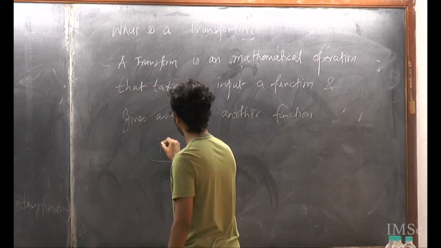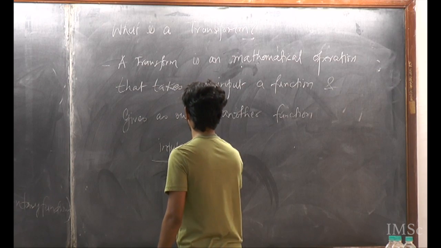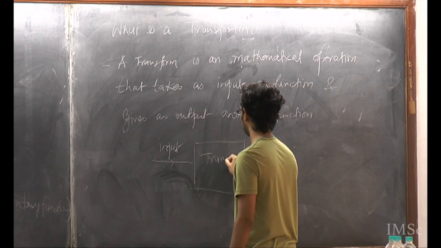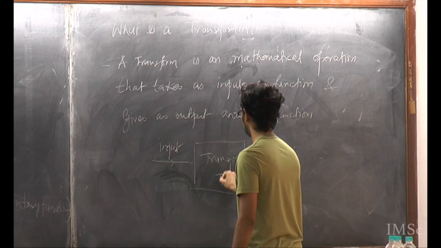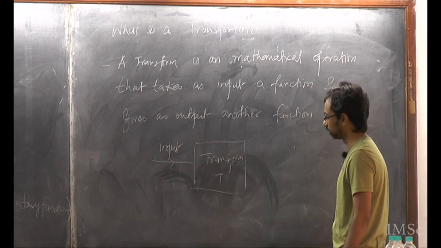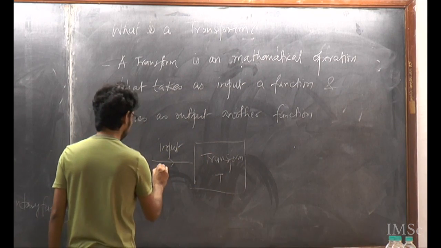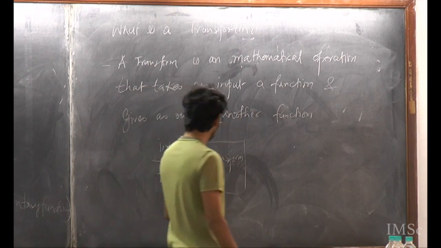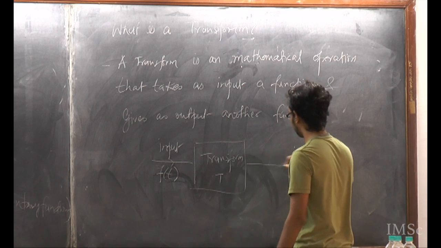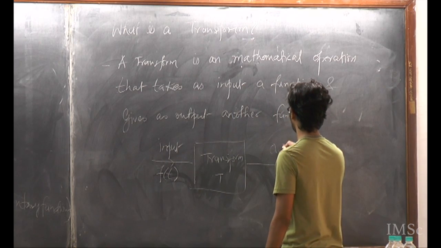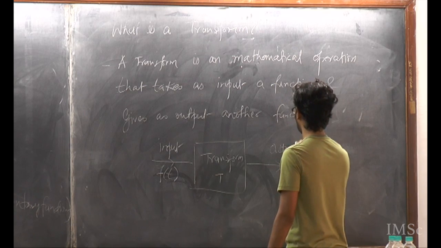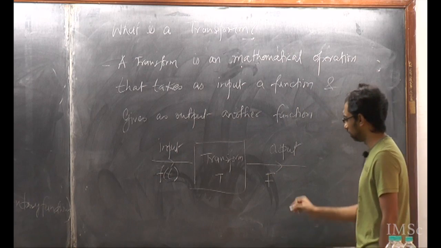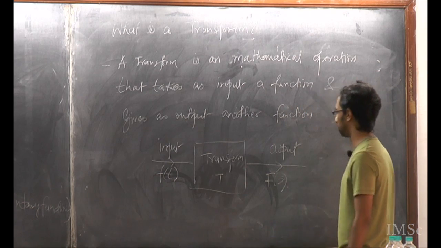So you have some input and you have a black box which is some transform, let's call it T. Let's say the input is some function f with parameter t, and the transform gives as output another function, let me call it capital F, with a different parameter s.